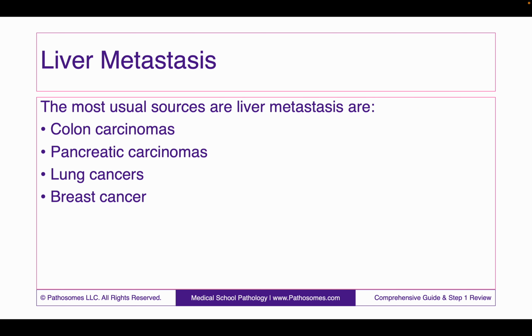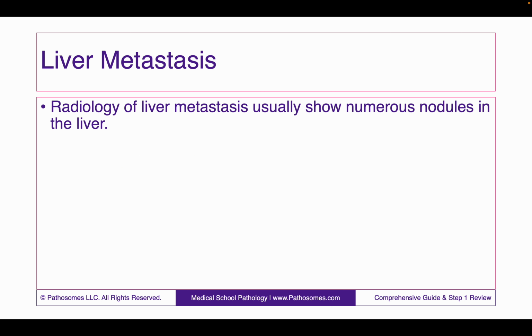The most usual sources for liver metastasis are colon carcinomas, pancreatic carcinomas, lung cancers, and breast cancer, right? Those are the types of cancers that are most likely to metastasize to the liver. Radiology of liver metastasis usually shows numerous nodules in the liver.